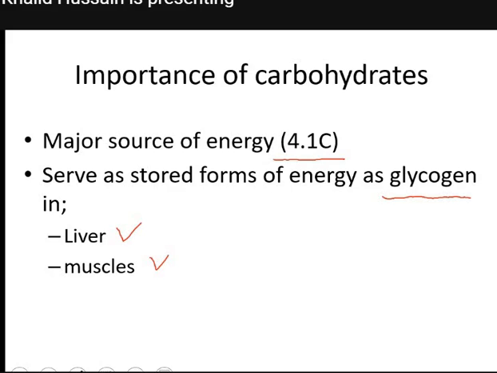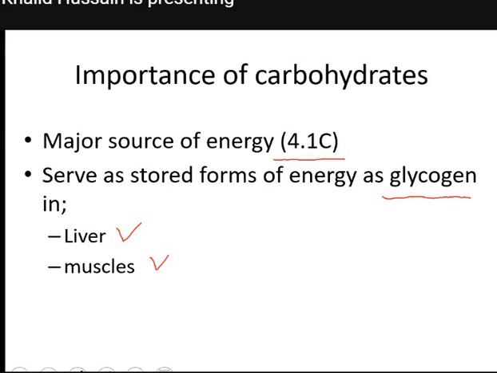When we are not taking food, the energy stored in our body is utilized. Carbohydrates provide instant energy, like glucose and fructose. When we take them, we immediately get energy. They also act as a storage carbohydrate, so whenever there is a need of energy, it is provided from the storage place.